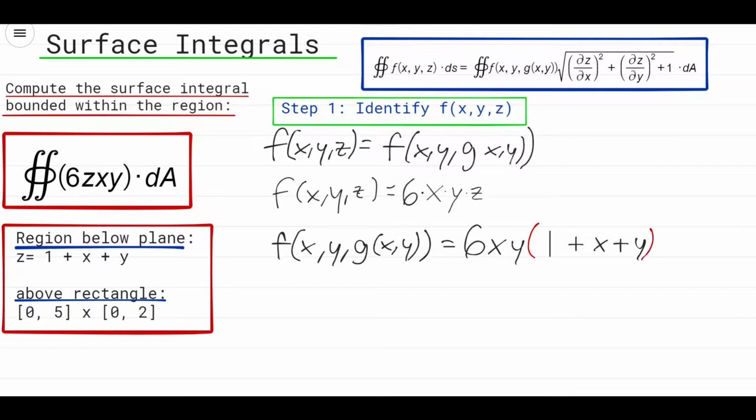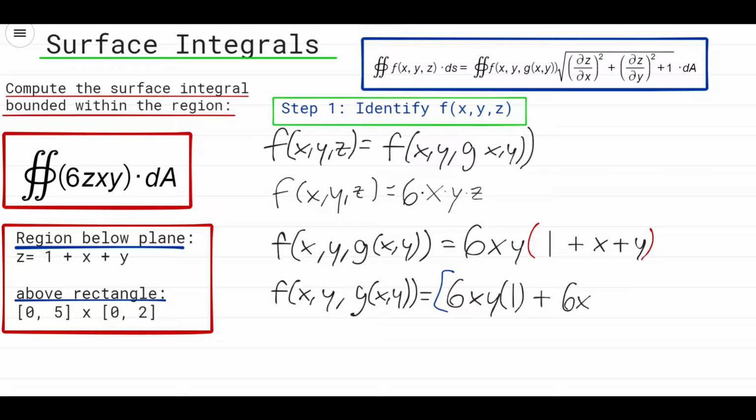All I did here was substitute z for the plane 1 plus x plus y. So f(x, y, g(x, y)) is equal to 6xy times 1, distributing the 6xy to each term, plus 6xy times x plus 6xy times y.